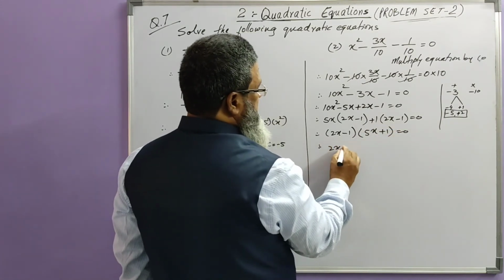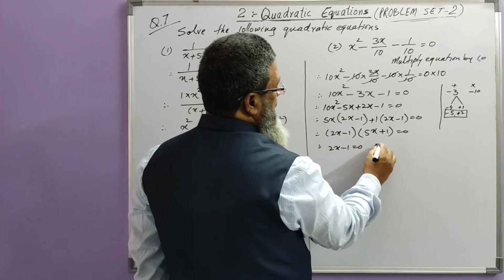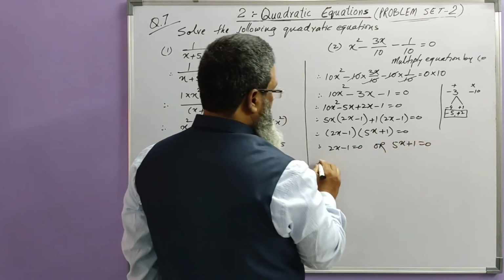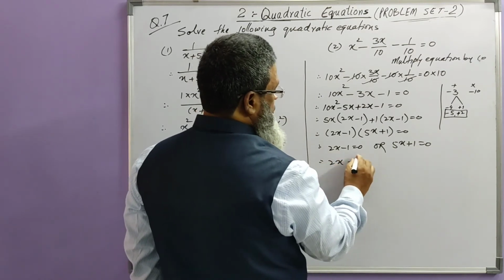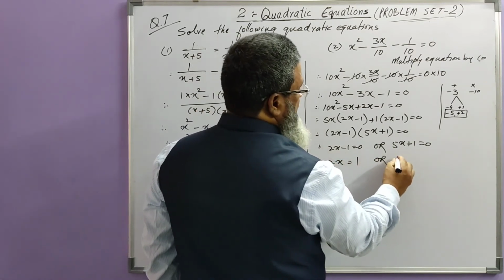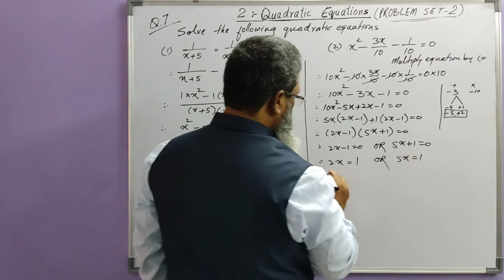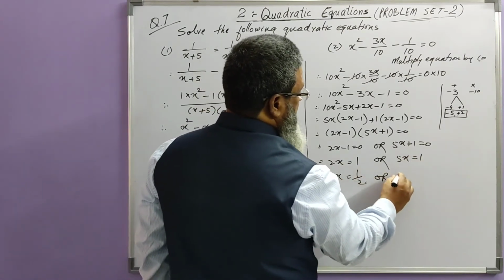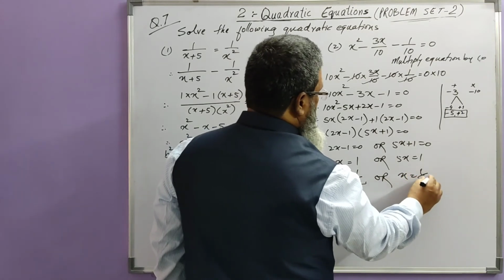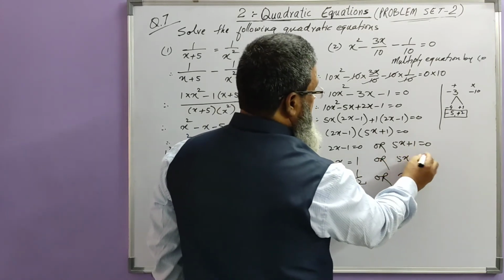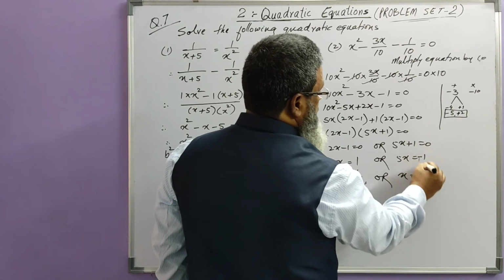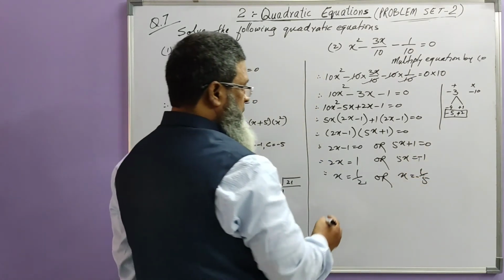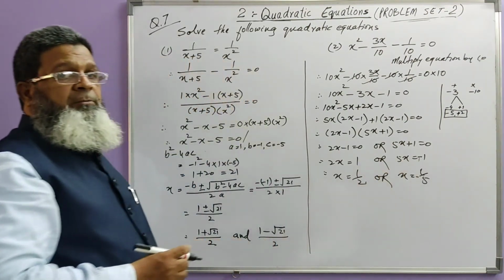So 2x minus 1 is equal to 0, or 5x plus 1 is equal to 0. So 2x is equal to 1 or 5x is equal to minus 1. Therefore x is equal to 1 upon 2 or x is equal to minus 1 upon 5. So the answer will be this one.